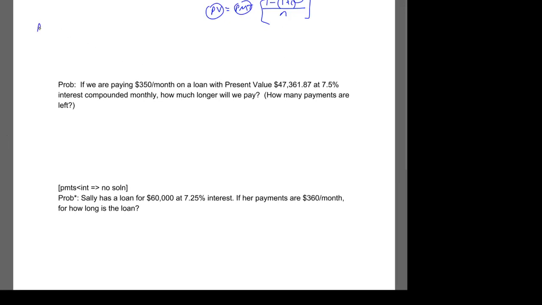So we have a present value, payment, I and n. So pause it, take a stab at it, and then come back. The present value is 4,761.87. The payment, 350. I is R over 12, so 0.075 over 12. Whatever that is.